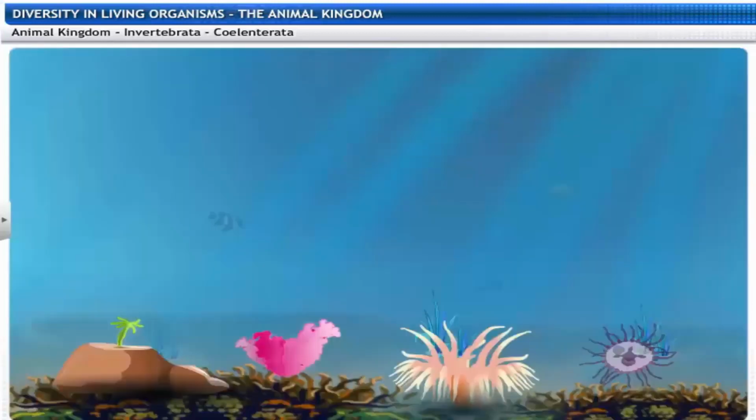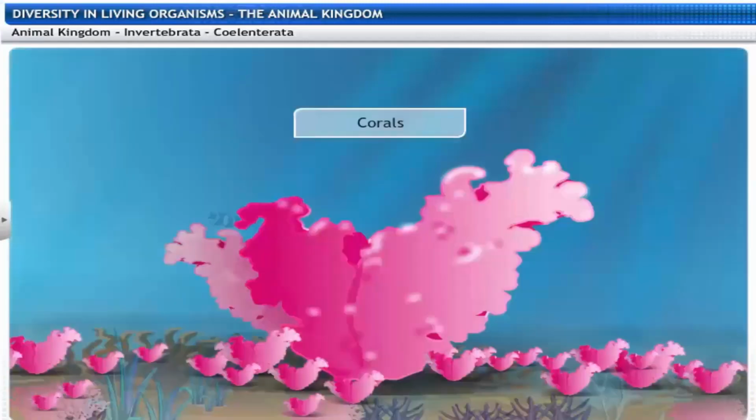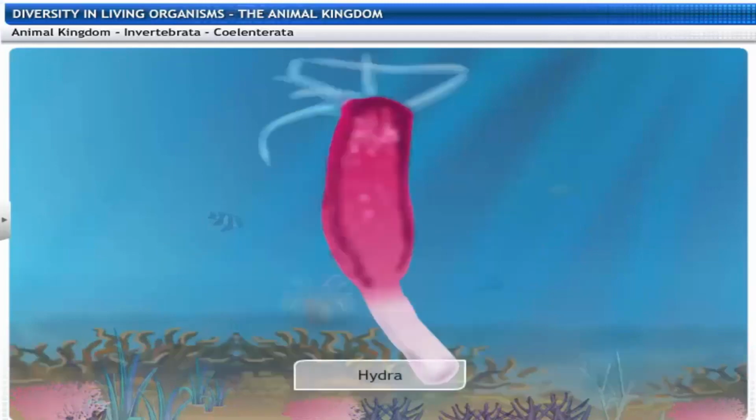Coelenterates live in an aquatic habitat, which may be fresh or salt water. Corals belong to this group and live in colonies, while hydra live in solitude.